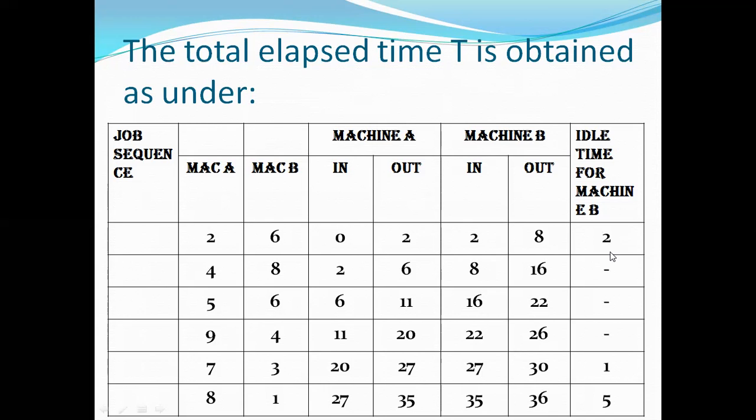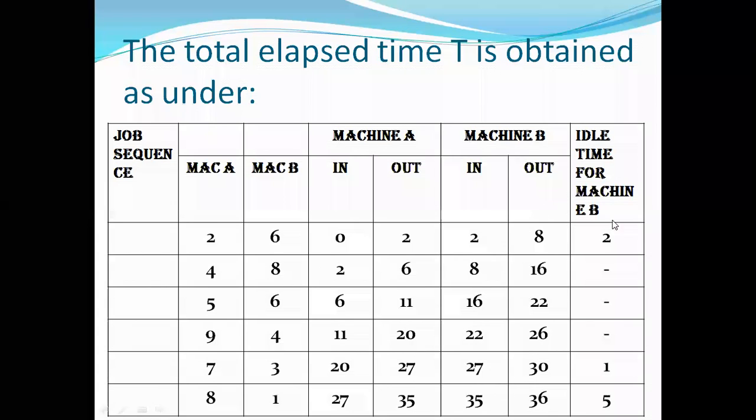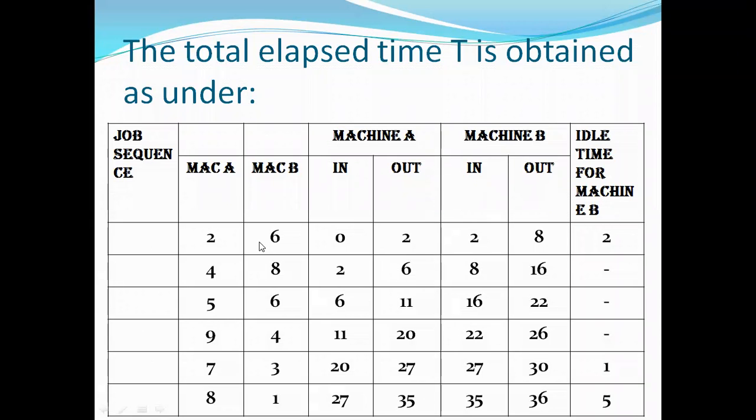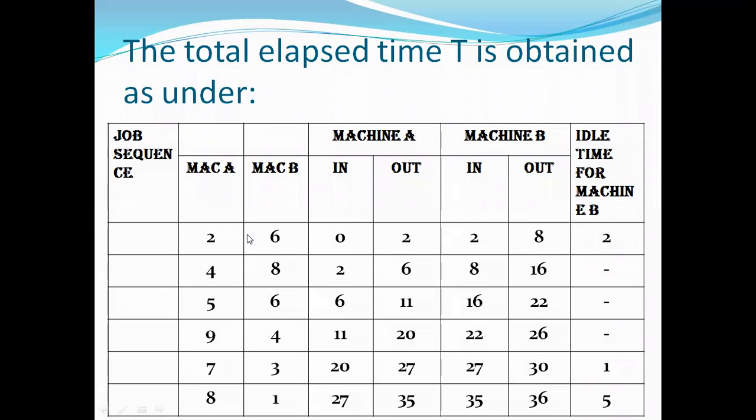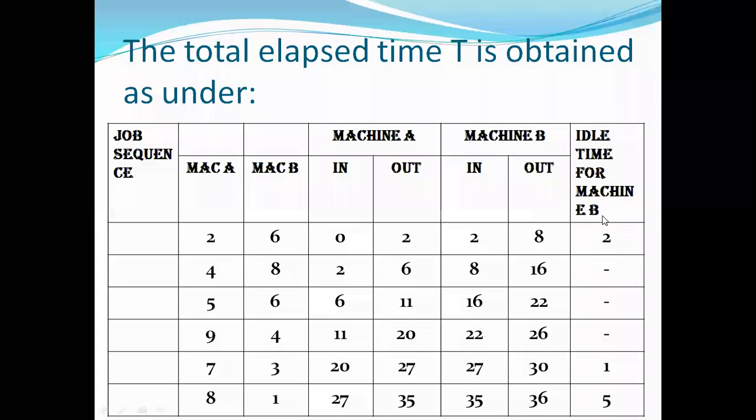Similarly, for machine A, the vice versa takes place, that is the halting time before entering the input material into machine A until machine B completes the entire task. So this plays a major role, and that delay time is entered in the table column as displayed here.